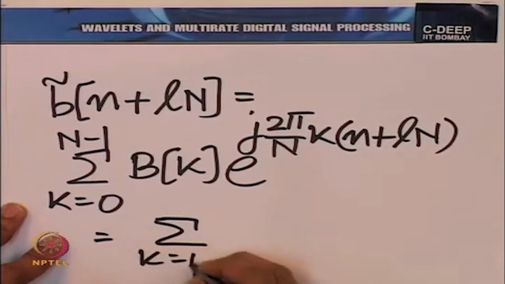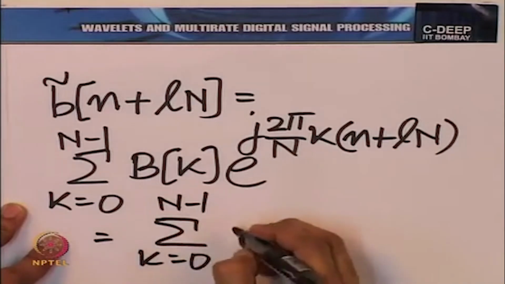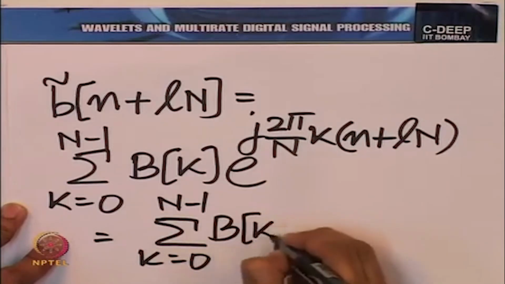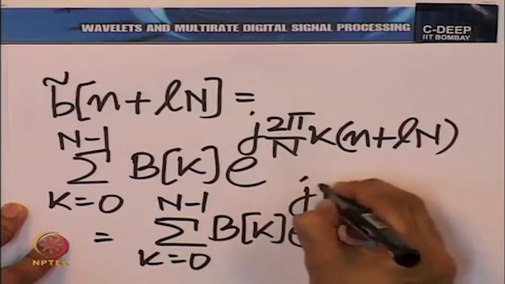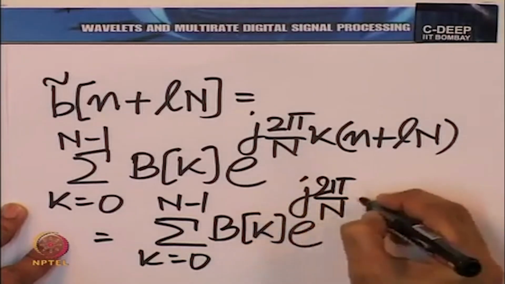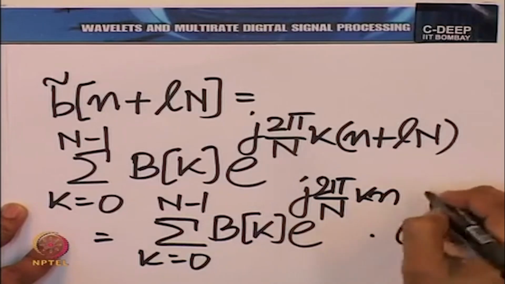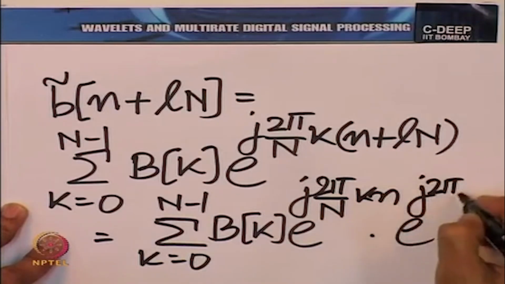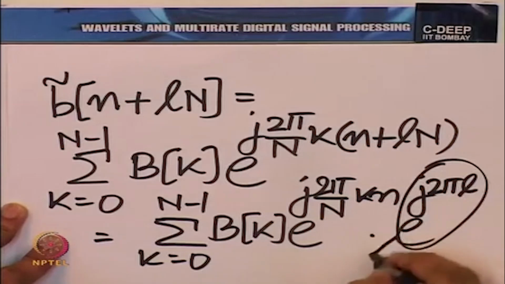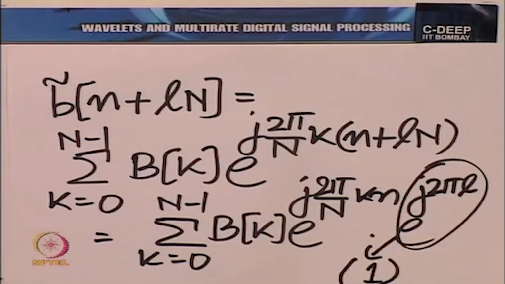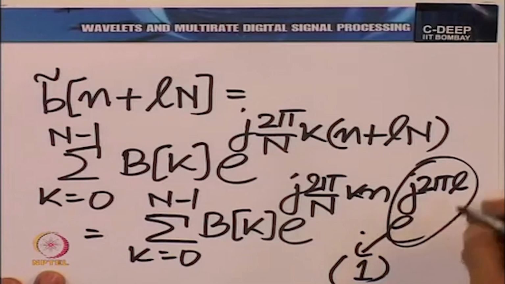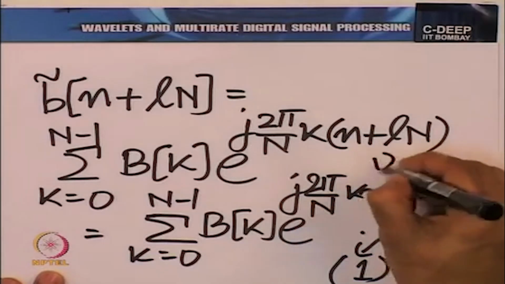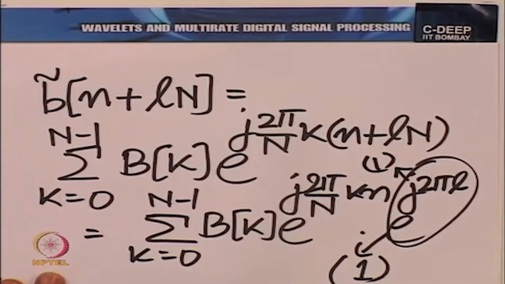We have k going from 0 to capital N minus 1, b k e raised to the power j 2 pi by capital N k n, times e raised to the power j 2 pi L, and this is essentially 1. So, you may remove this term and leave this, and that is the same as b tilde n.